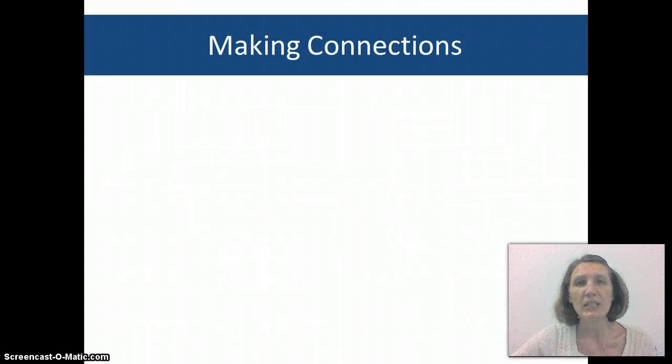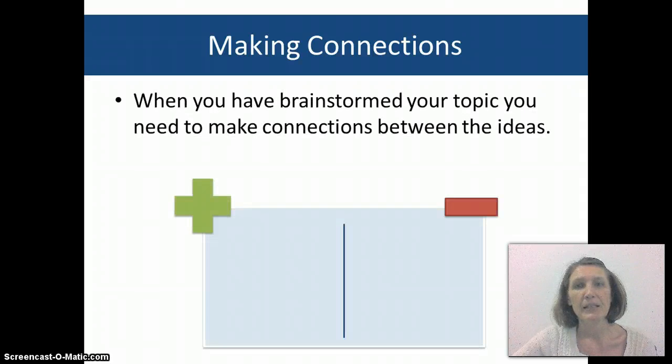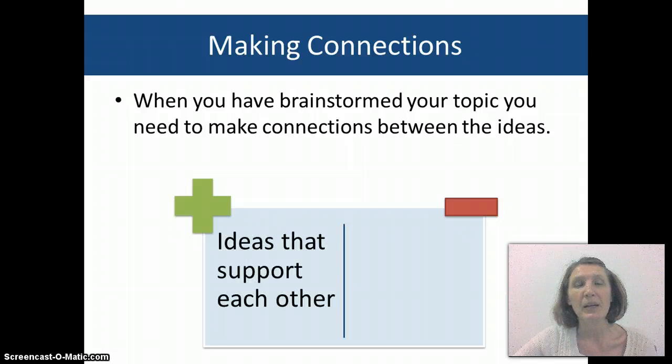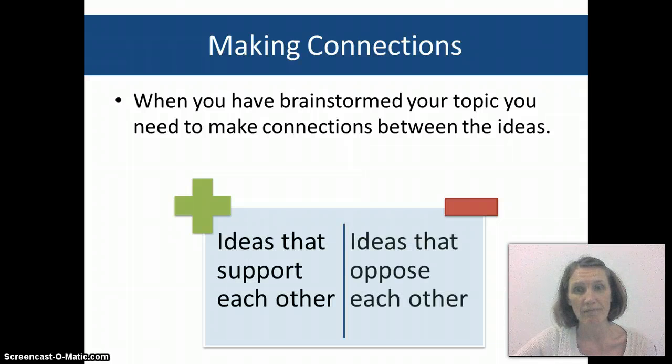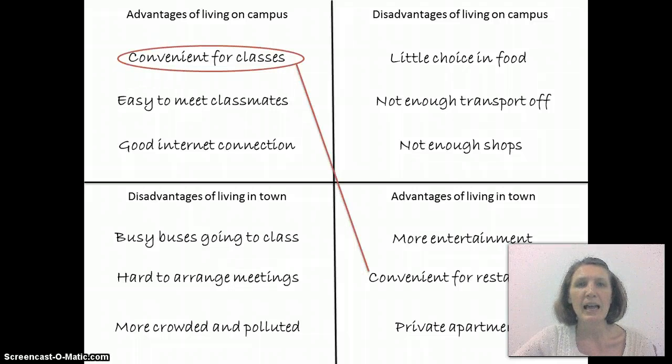So let's make connections between these ideas. Think about the pluses and the minuses, and think about ideas that support each other, and ideas that oppose each other. So let's take a look at our original list. Well, I see that one is convenient for classes while one is convenient for restaurants.